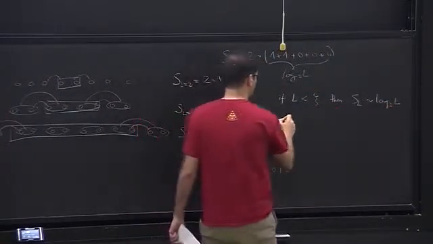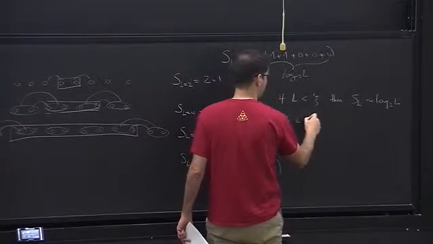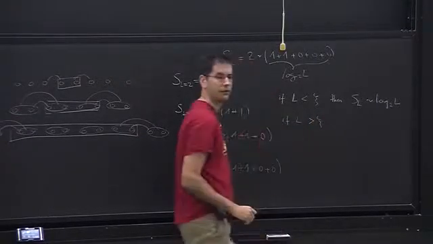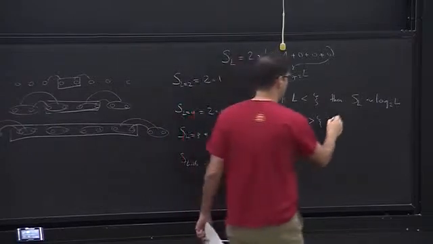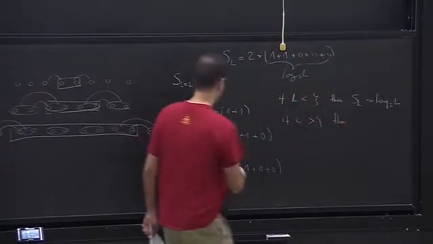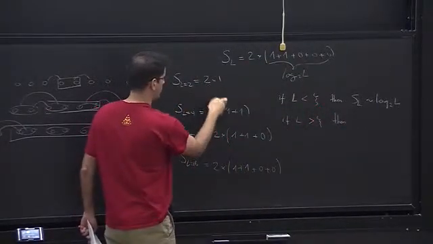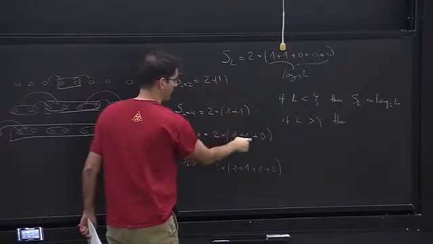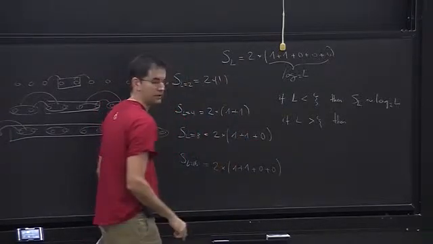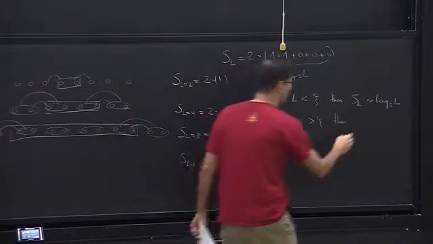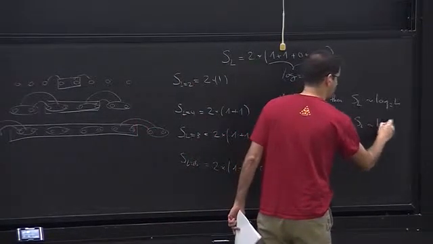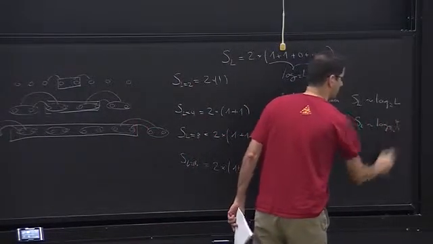But if instead L is now bigger than the correlation length, then here we were growing, so this was 1, then 1 plus 1, but suddenly we stopped adding contributions. We stop precisely at the correlation length. Okay?